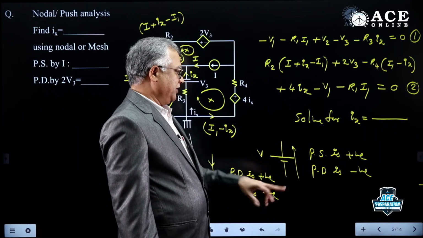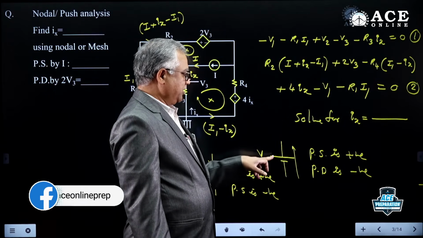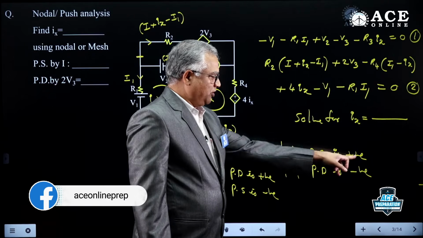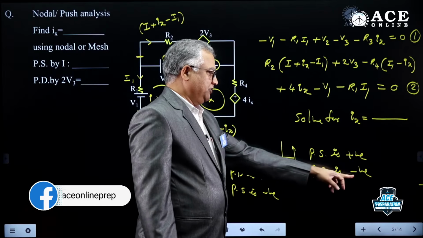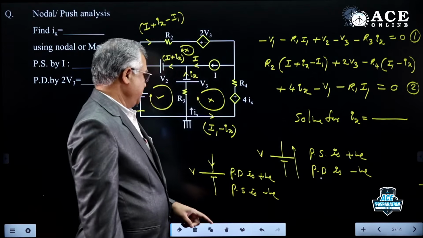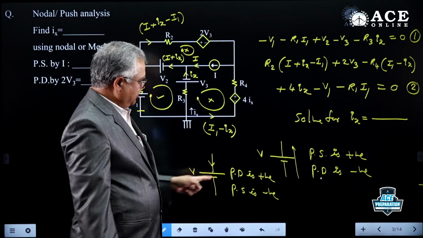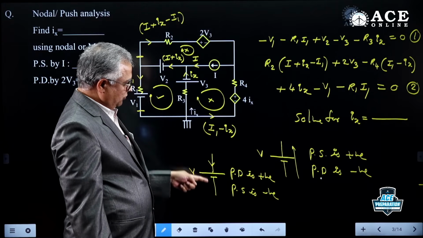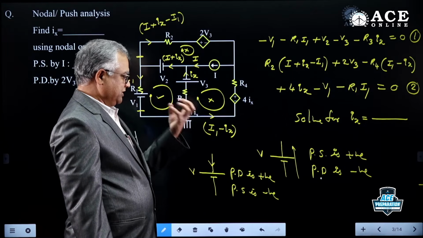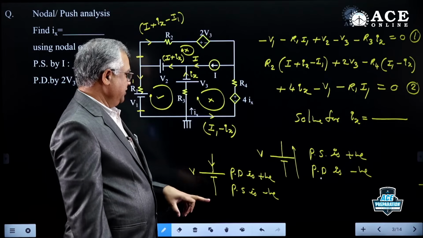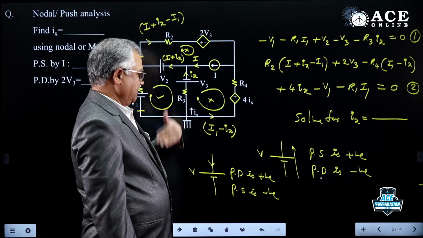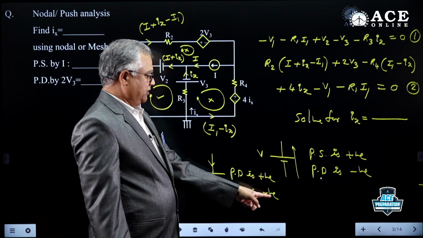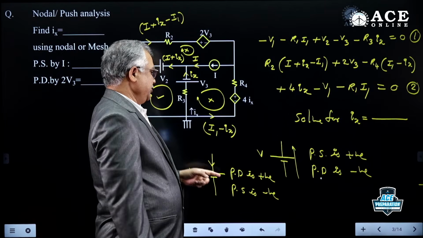If they ask what the power supplied is, you should say positive. But if they ask the reverse, power dissipation, you have to say negative. What changes between these two? When current flows from positive to negative, the source is absorbing, dissipating. Therefore, dissipation is positive. But if they ask the reverse, supply, you have to say minus. This is about the sources.